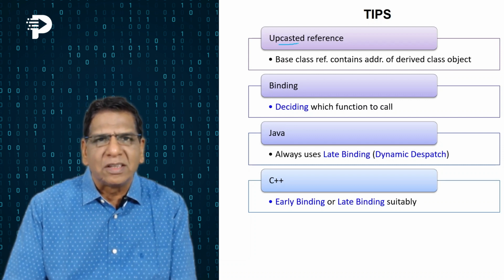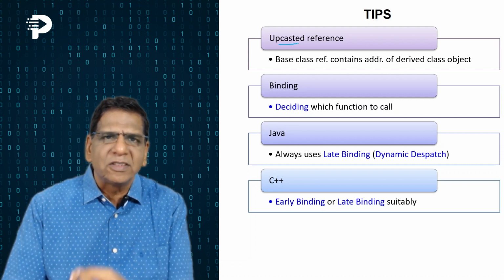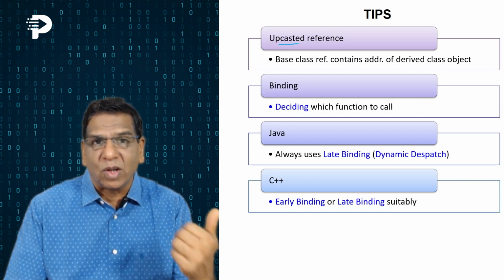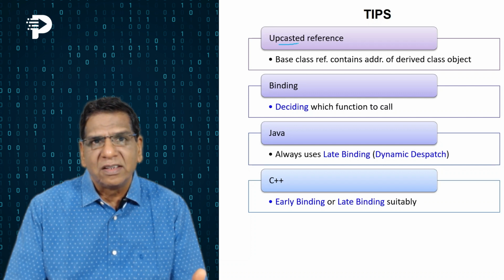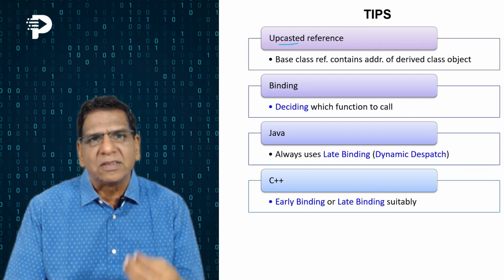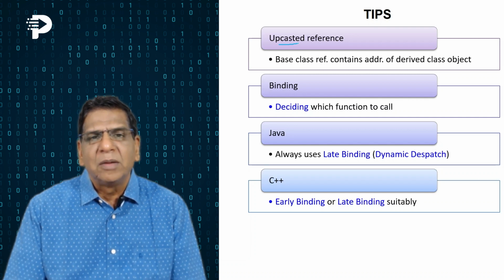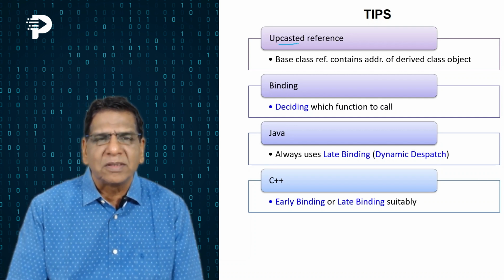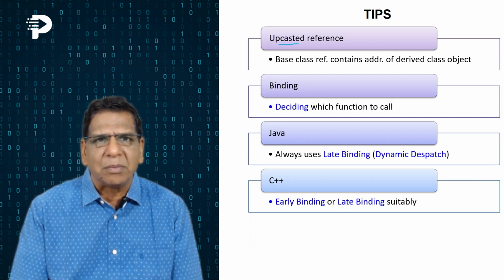For the simple reason that in Java all objects are always created on the heap. Whereas in C++ you can also create them on the stack. So using the object you can make a call in C++, that's when early binding happens. But using a pointer to an object when you make a call in C++, that's the time when late binding happens.